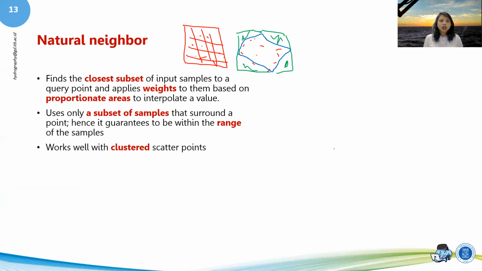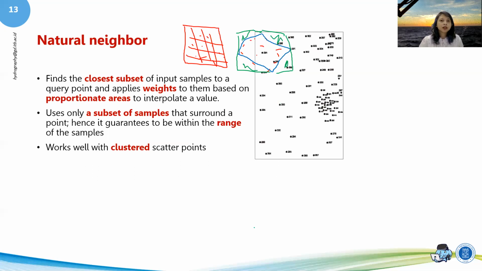So it works actually very, very well with clustered scattered points. So for example, even though it's hidden by my drawings, you will see what I mean. Say you've got this set of points surveyed from the field.